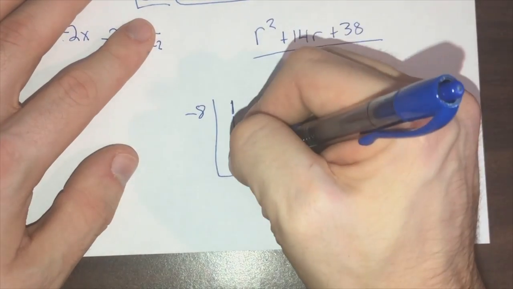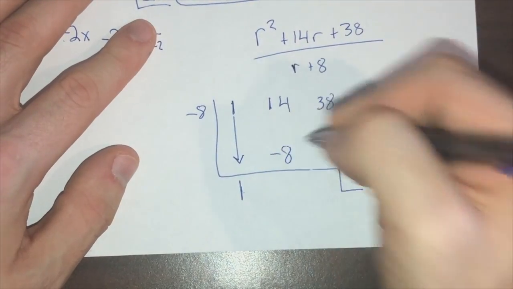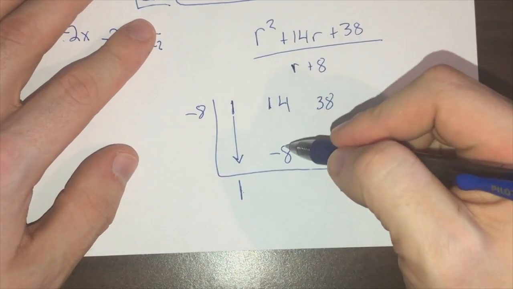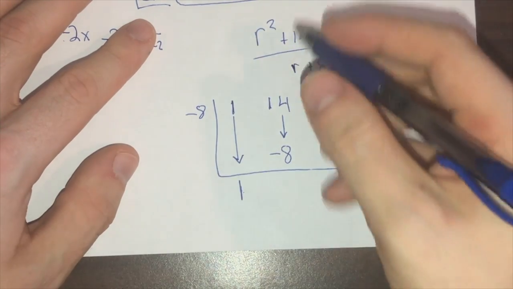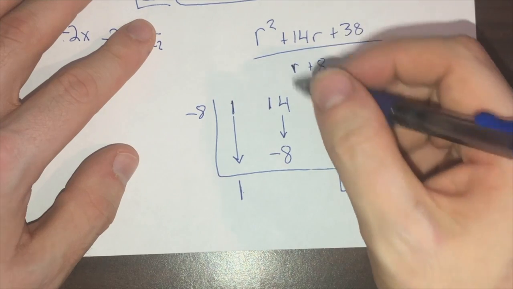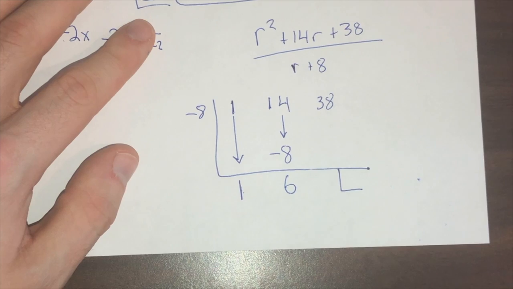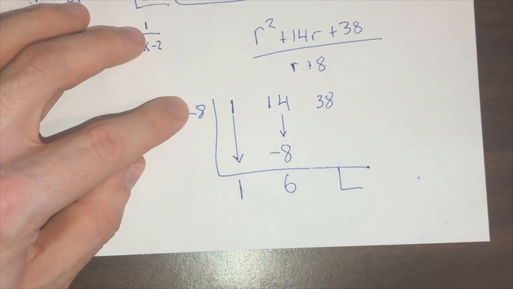So I do it again. Bring down the 1. Multiply the 1 by the -8. Okay? Do 14 minus -8, or rather 14 plus -8, because we're adding. That's going to give me what? Well, that is going to give me a number that is 6. Okay? Take 6 and multiply by -8.